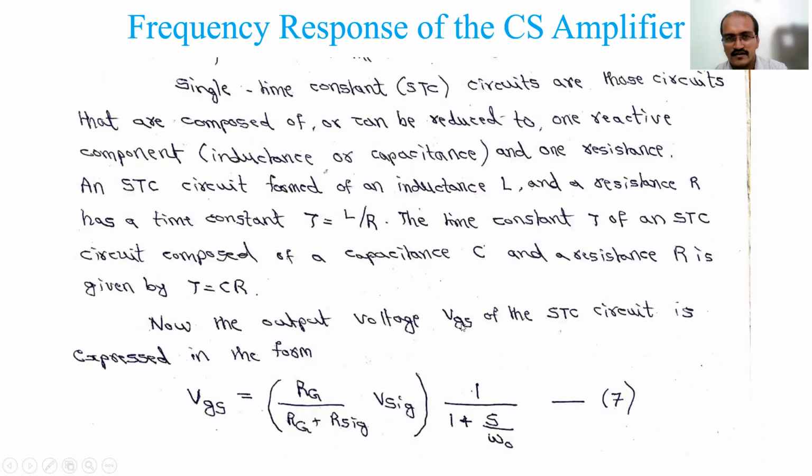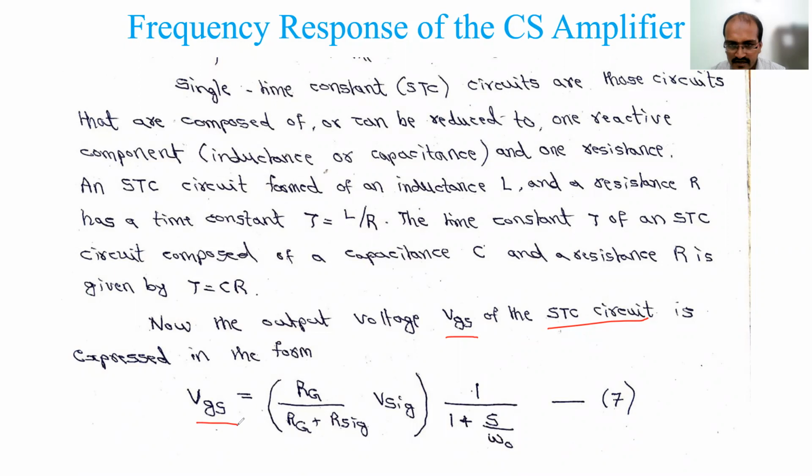So next we will go further. This is about the STC; we have reduced the circuit to an STC form. Now we will directly refer to how the output voltage of an STC circuit looks. The output voltage VGS of the STC circuit is expressed in this form.